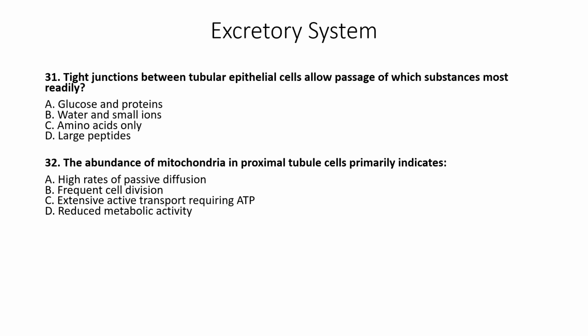So that's why you need excess ATP. It's like pushing water up something, right? Like if water is flowing down a hill versus if you're pumping water up a hill to maybe a house there, you will need a lot more energy, right? So this is like that. Active transport is using ATP typically to move some solute or some molecule against its electrochemical gradient. So here the answer, cell biologically also, is extensive active transport requiring ATP, or option C.